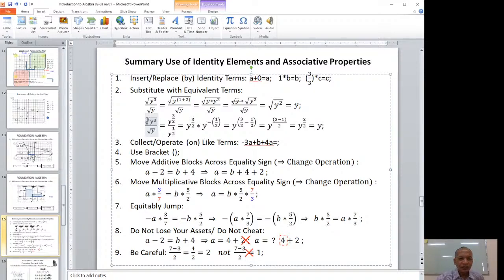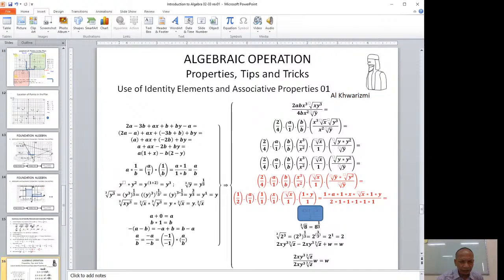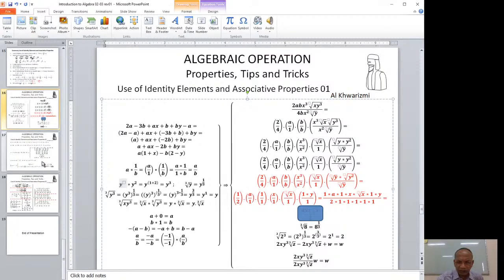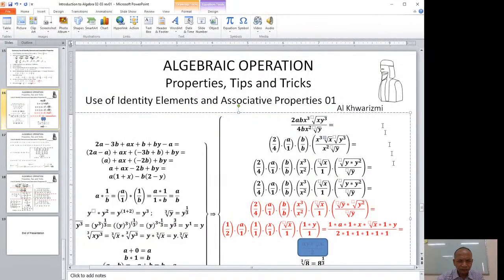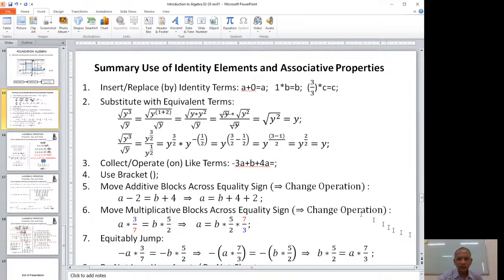Here we don't write it, like here somewhere, okay, this one, see, square root of 2, we don't write it, we leave it blank. Okay, that's why we have here.